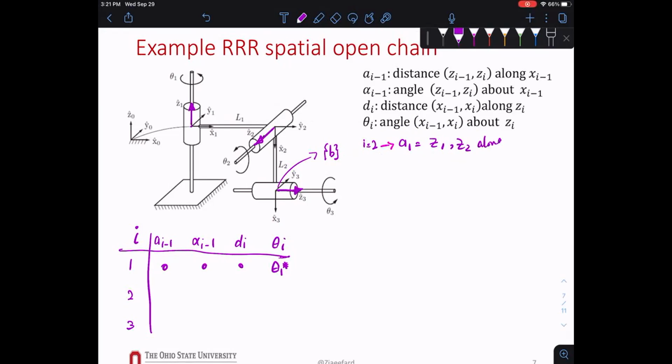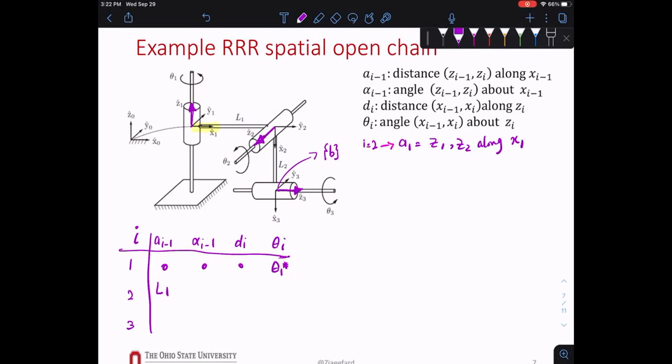So this is Z1, this is Z2, and this is X1. What's the mutual perpendicular between Z1 and Z2 along X1? L1, right? So this is the distance. Looks like this. So this is going to be L1.